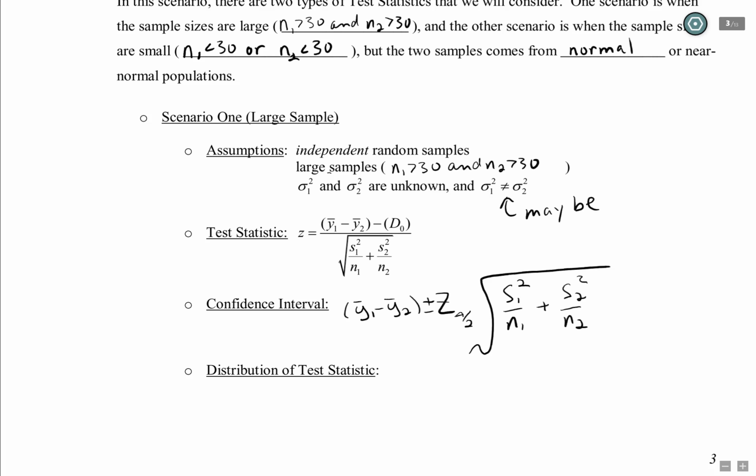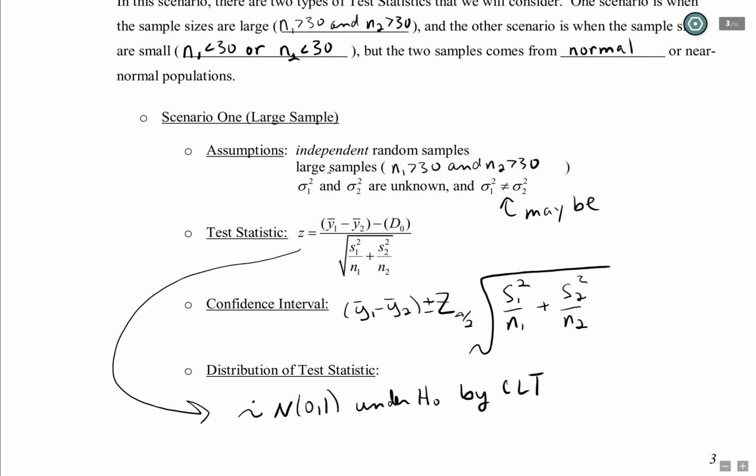Now, what is this test statistic's distribution? It is approximately standard normal under the null hypothesis, by the central limit theorem. The central limit theorem is driving the normality of the difference of the sample means, and hence this test statistic's null distribution.